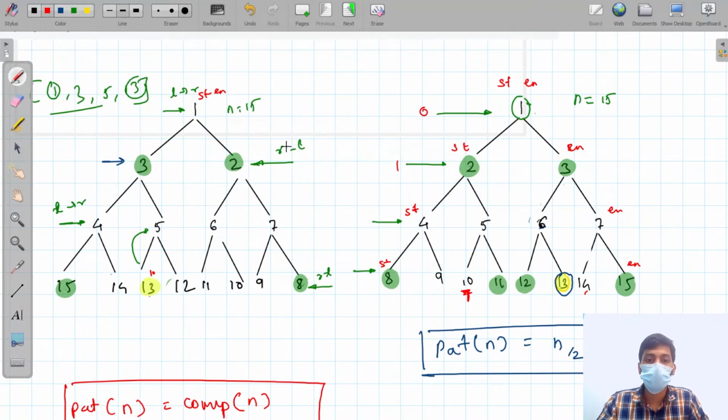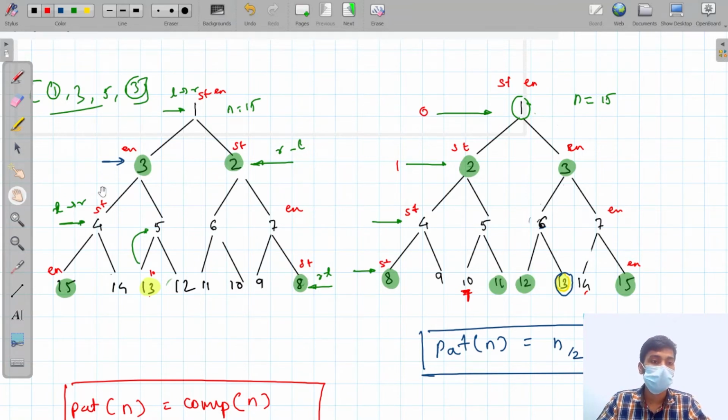Starting point here, ending point here, again starting point here, ending point here, again here the starting point was 8, so I'll put the starting point here, right, and I'll put the ending point here. Now if you observe carefully, what is happening is that starting point and ending point are getting interchanged at every even level.